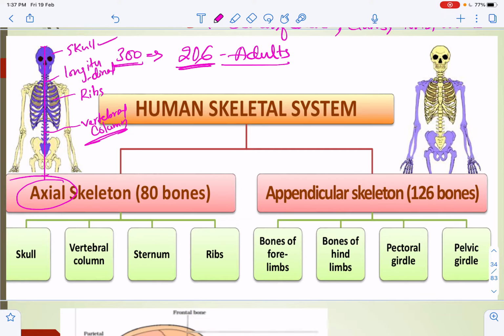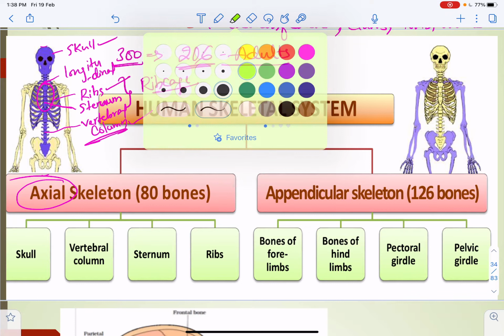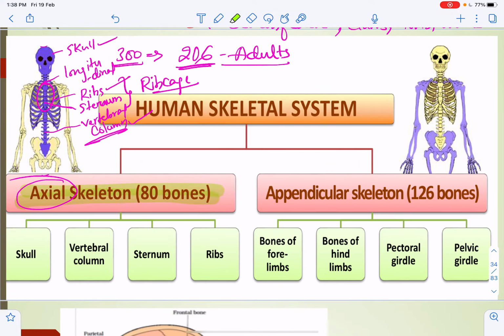There is also the structure called the sternum. Both the ribs and sternum together form the rib cage. So the axial skeleton mainly includes the skull, ribs, sternum and vertebral column.